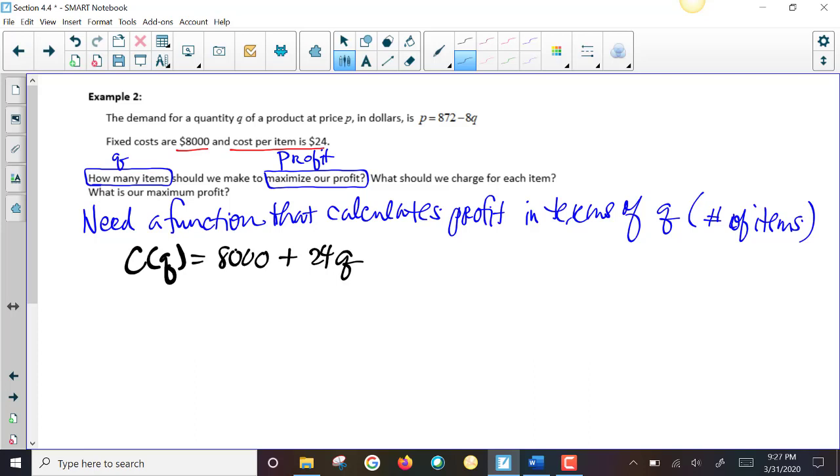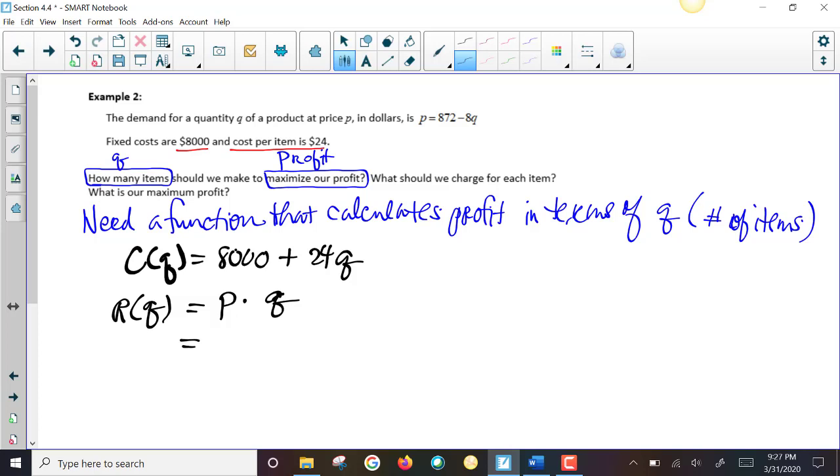Now we need a revenue function in terms of Q. So remember, revenue is found by taking price times quantity. Right?